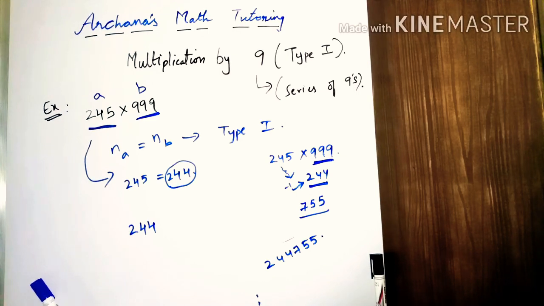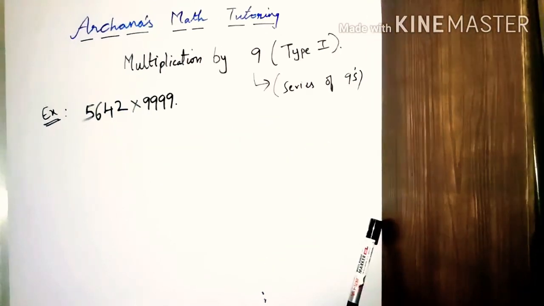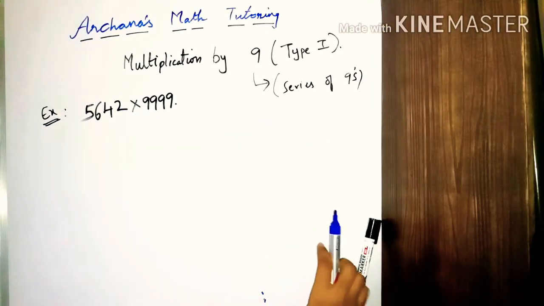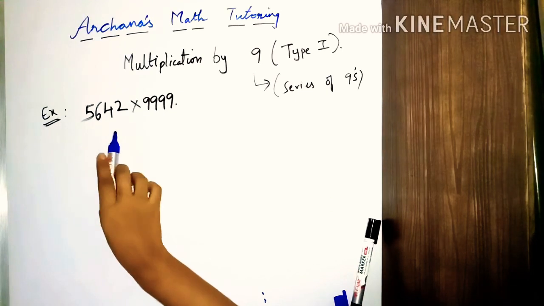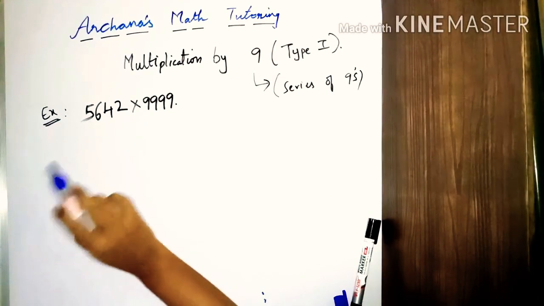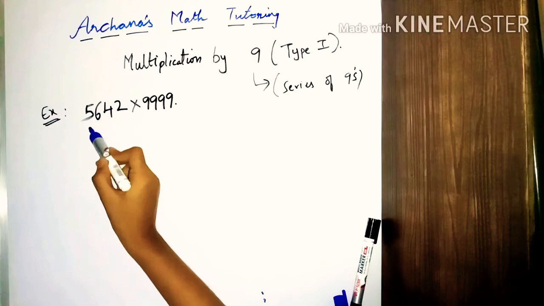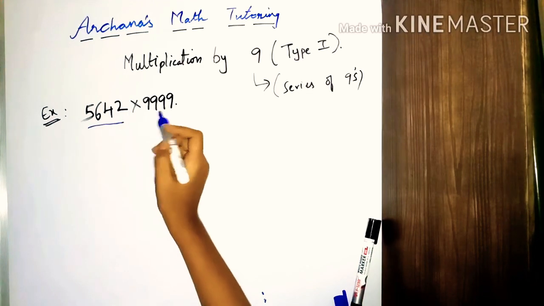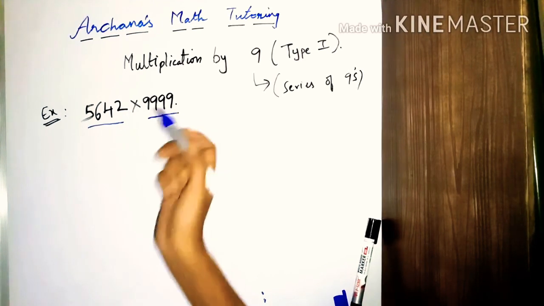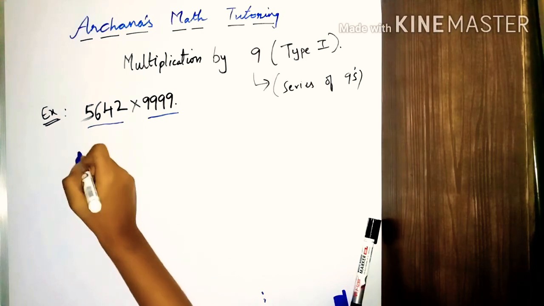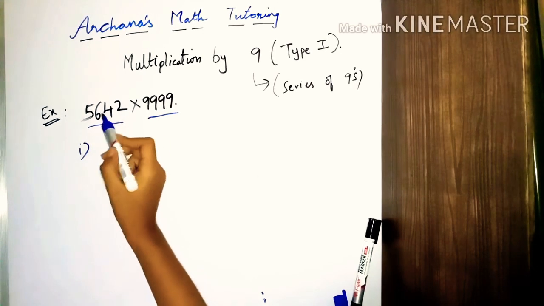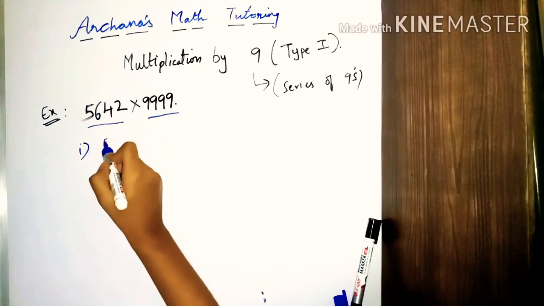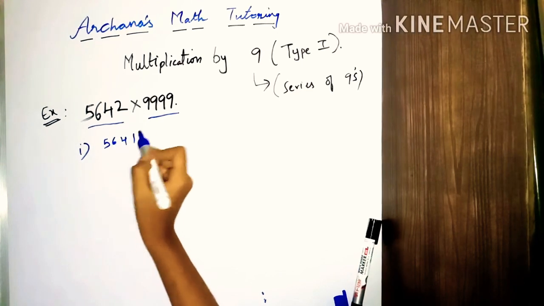So I'll explain you with another example. Moving on to the next problem, I want to multiply 5642 into 9999. This is also type 1 because the number of digits in this number is equal to the number of digits in this number. So what do I do? My first step is simply to subtract 1 from this number: 5641.